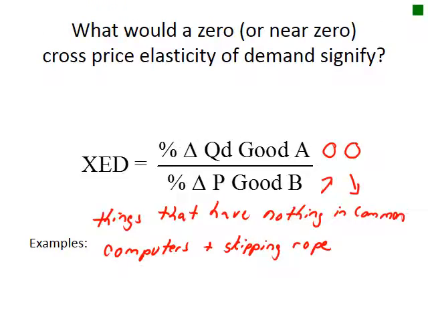What would a zero or near zero cross-price elasticity of demand signify? We have the price of one good going up, not really affecting at all the quantity demanded of another good, or the price of one good going down and really not affecting the quantity of the other good. So these would be things that have nothing in common.